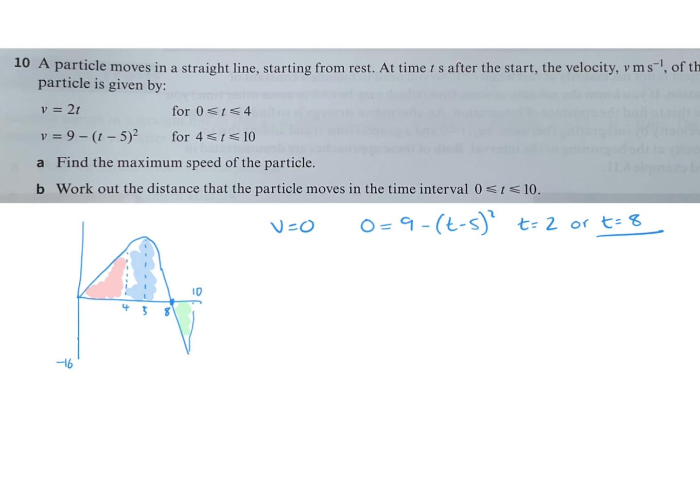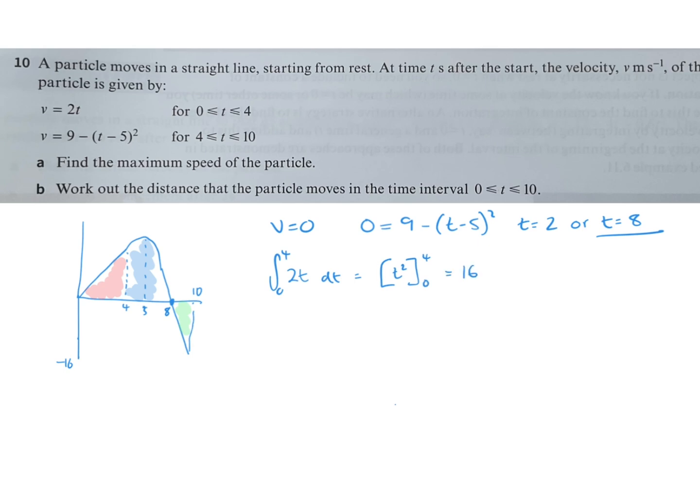And we know that to find the area below a graph, we integrate the function between those limits. So I need to integrate 2t between 4 and 0. When I integrate 2t, I'm going to get t squared between 4 and 0. If I substitute those limits in, I'm going to get 16.